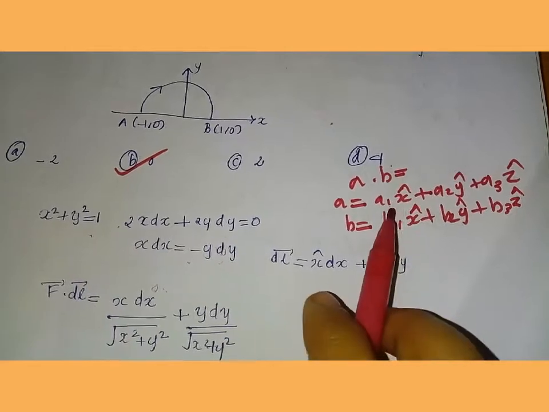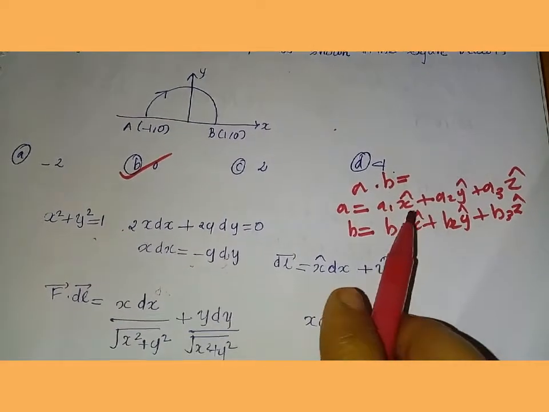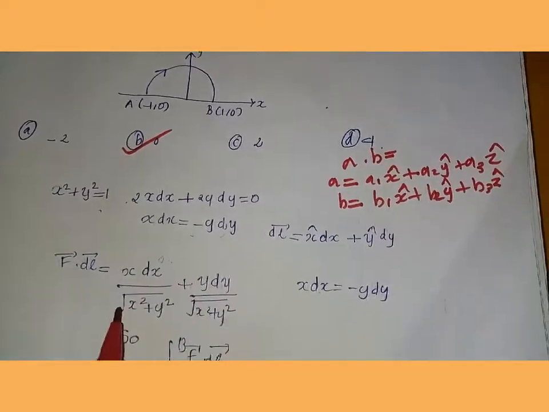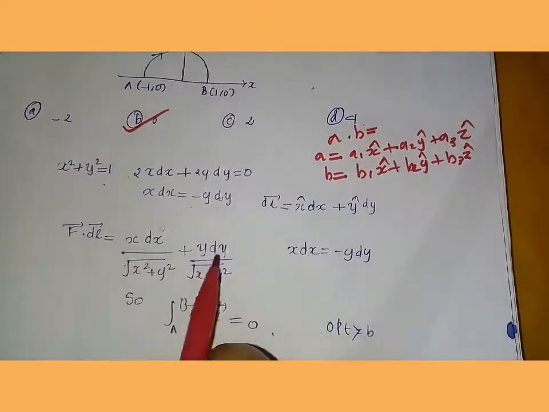That is the sum of the products of the coefficients of x cap, y cap, z cap. So from this we get F dot dl as like this.